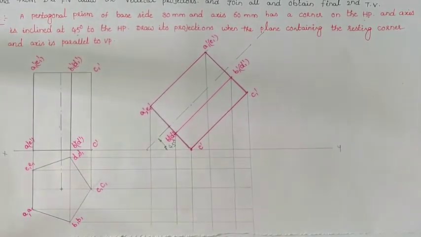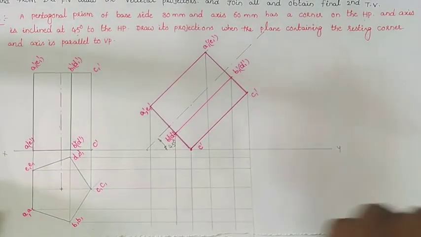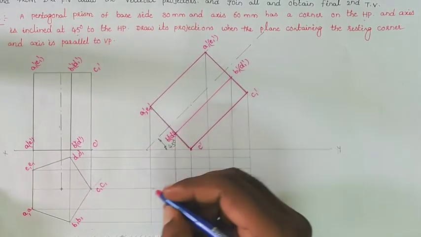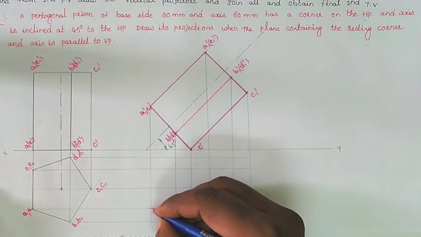Now locating the corresponding intersecting points. So here A1 dash, A dash vertical line and A dash horizontal line.